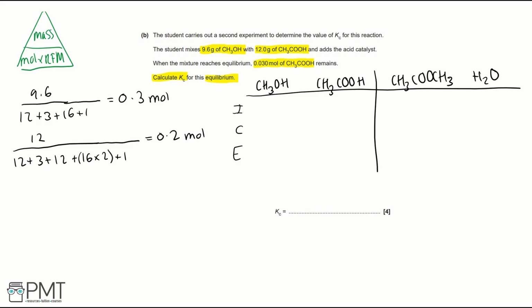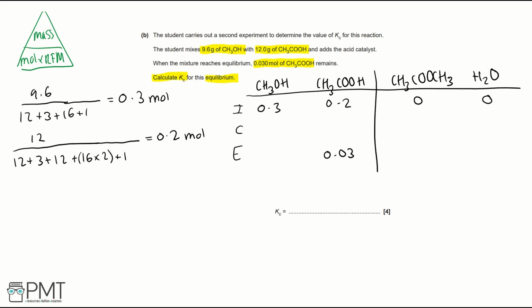So initially methanol is going to have 0.3 moles and ethanoic acid has 0.2, whereas our products of the equilibrium will start with 0. So we're told that the reaction mixture reaches equilibrium and we have 0.03 moles of ethanoic acid. So we can write this in our table, 0.03.